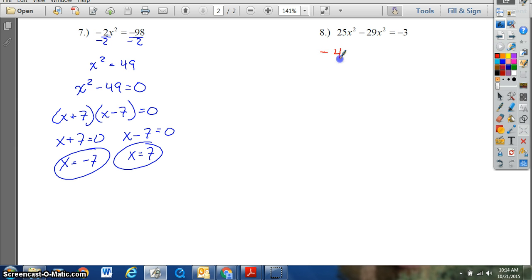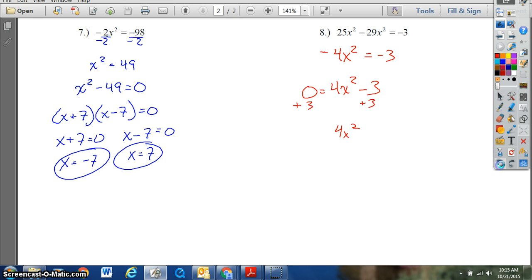And finally, last but not least, this guy. So this is negative 4x squared equals negative 3. Okay, so I'm actually going to add this over. Let's see what I did. So this will be 4x squared minus 3 equals 0. I'm actually getting into the next section. I don't want to factor this. So what I'll actually do is add 3 over, 4x squared equals 3.